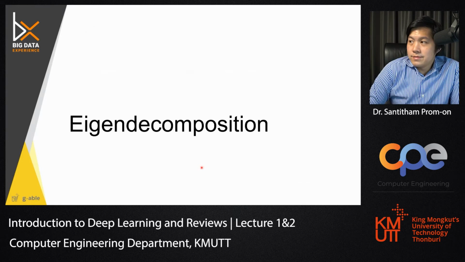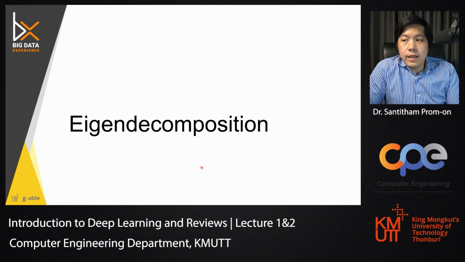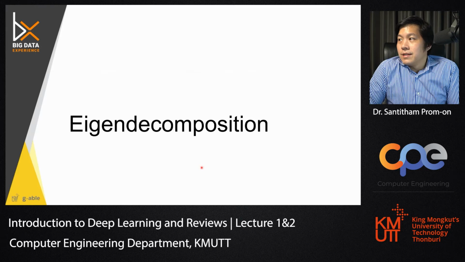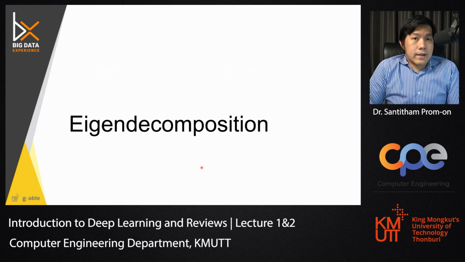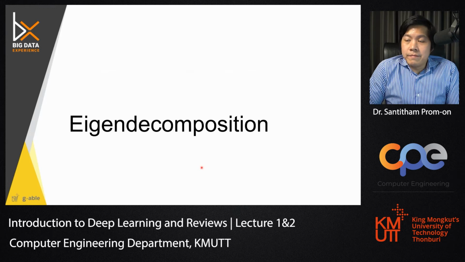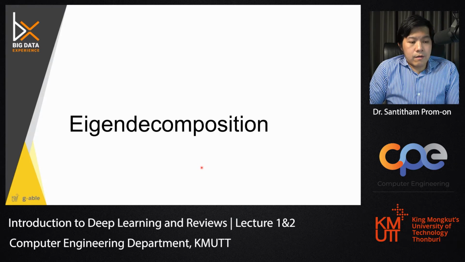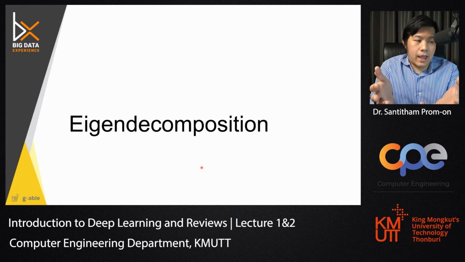All right, no question. Then next is the Eigen Decomposition. What is Eigen Decomposition? What is decomposition? The concept of decomposition comes from the idea that we can think of the data as a combination of multiple patterns.